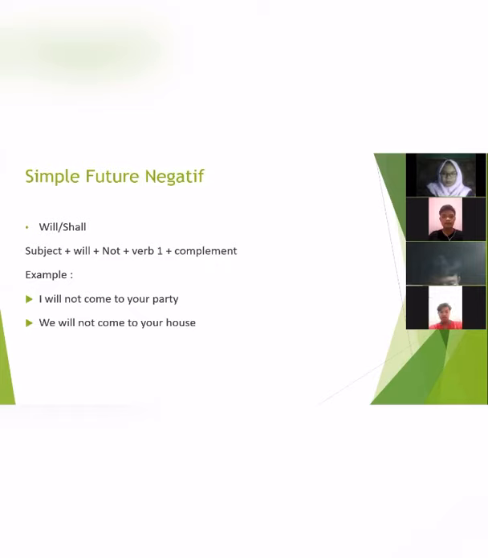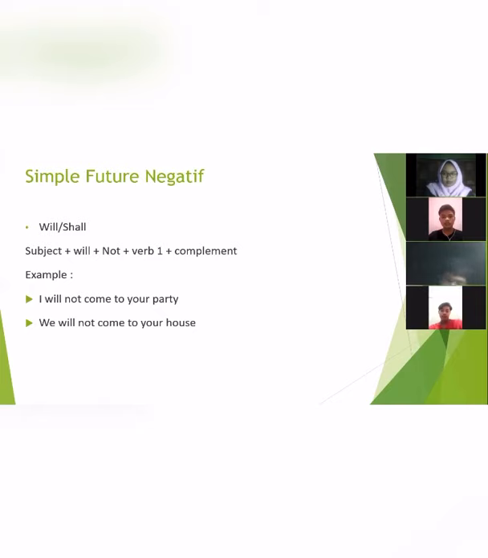Next. Simple future negative. If we use will or shall, the formula is subject plus will plus not plus verb 1 plus complement. For example, I will not come to your party.